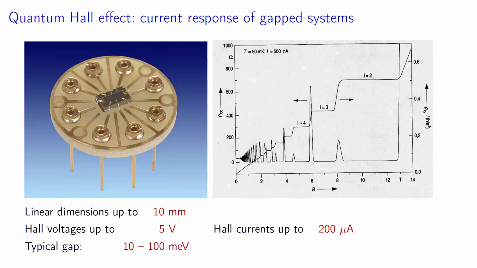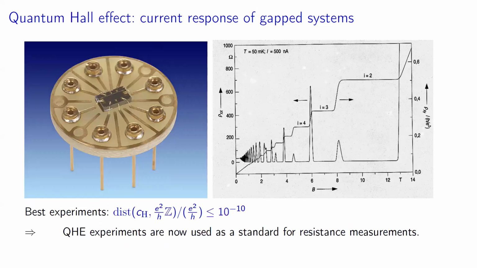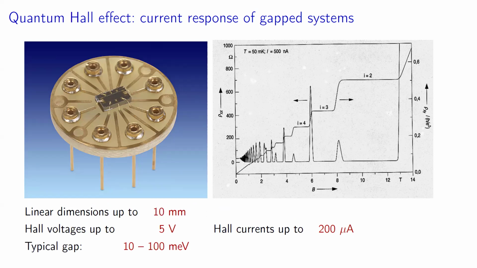So this is how a typical Hall sample looks like. This would be the quasi-two-dimensional heterostructure. In such an experiment, these quantum Hall bars can have a size up to 1 centimeter.